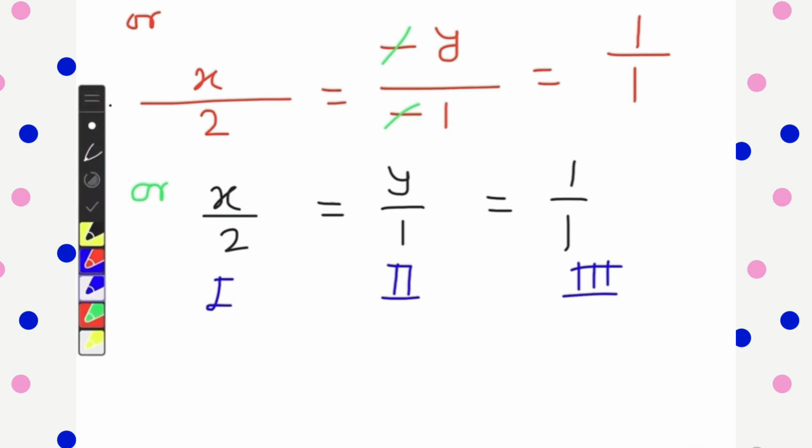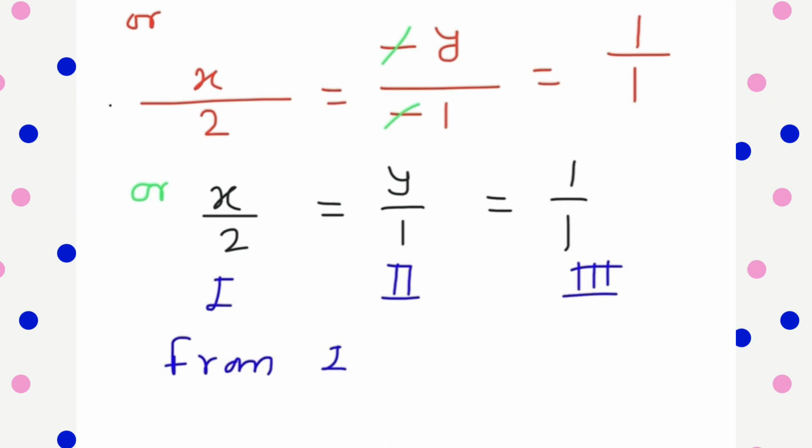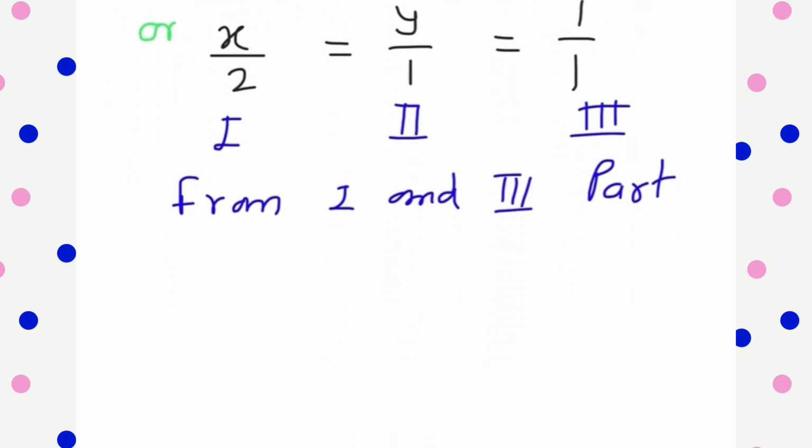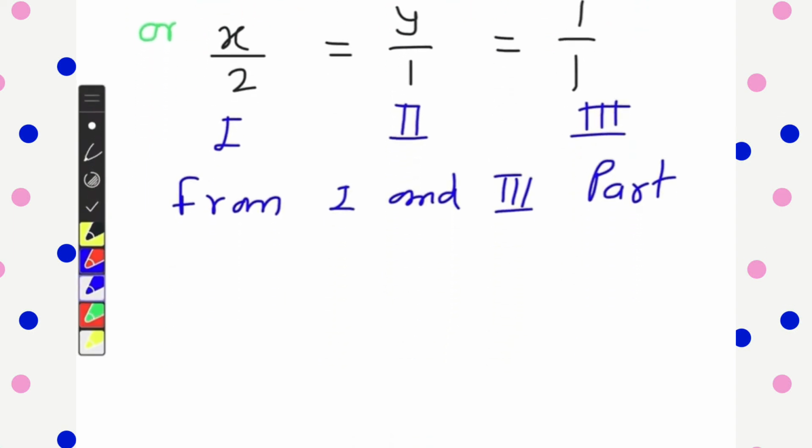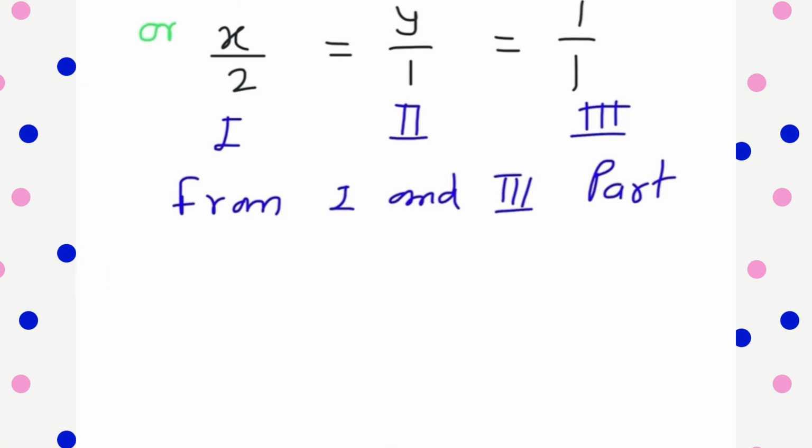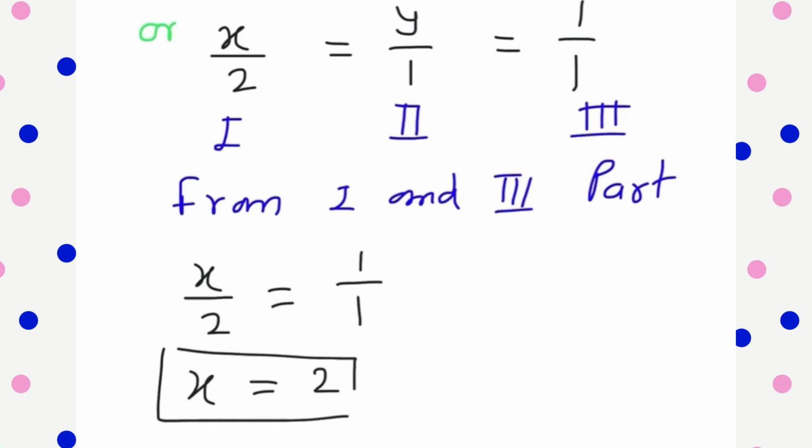From first and third part, you will get x upon 2 equal to 1 upon 1. So dear, transpose this 2 to the right hand side. You will get x equal to 2 upon 1. 2 upon 1 means it is meaningless. x equal to 2 only. So this is the value of x.